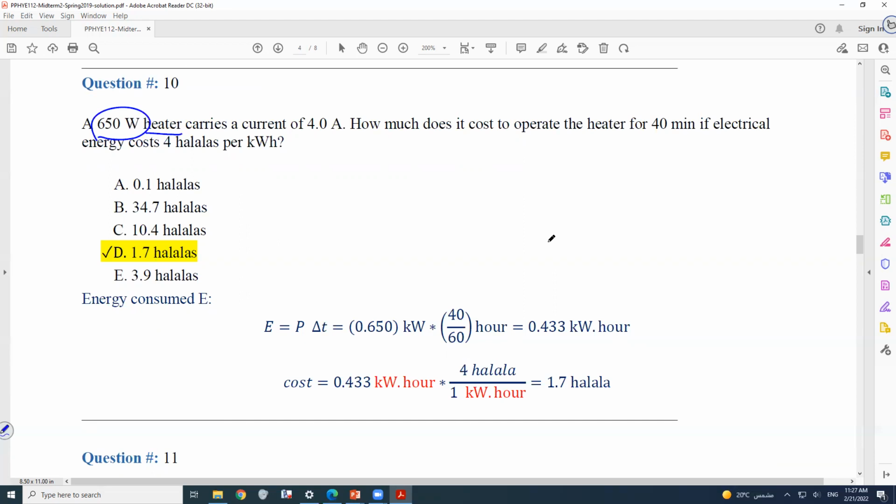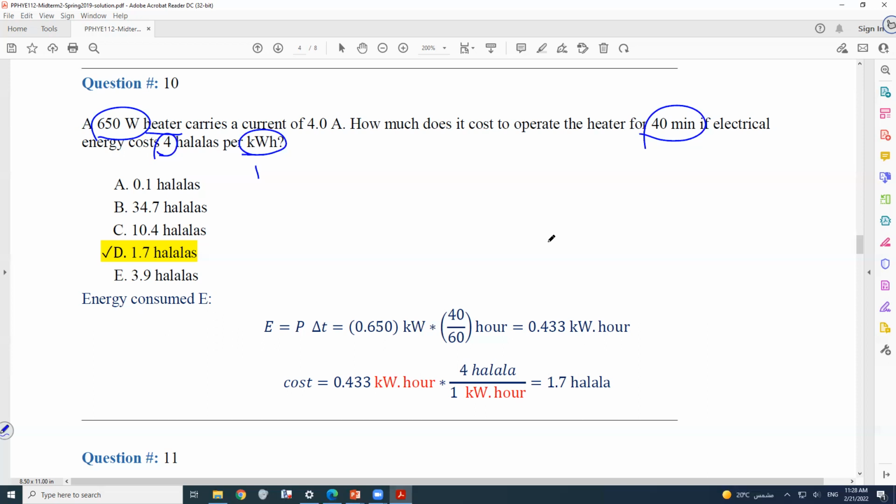But he is saying it is connected for 40 minutes. Then how much should you pay the electric company? The rate is given. If you use 1 kilowatt hour, you should pay 4 halalas. If you see how small the charge is, the unit, if you have to use 4 kilowatt hour, that means millions of joules, to pay just 4 halalas.